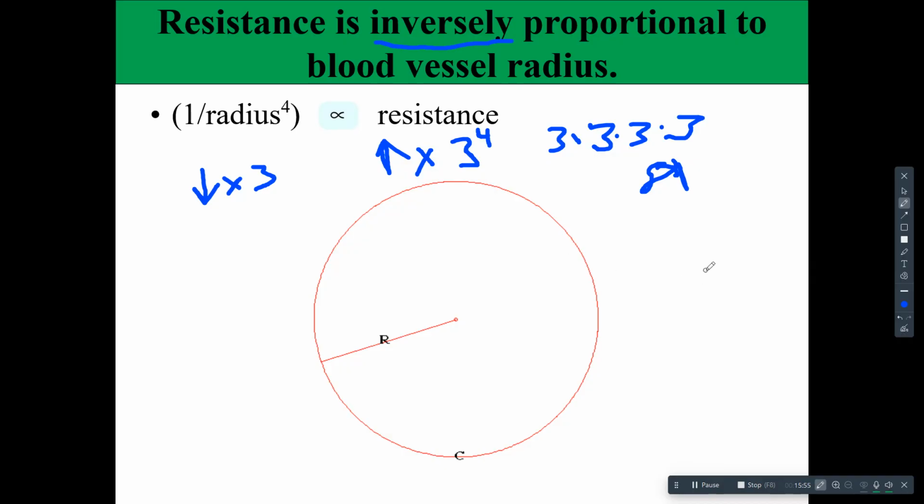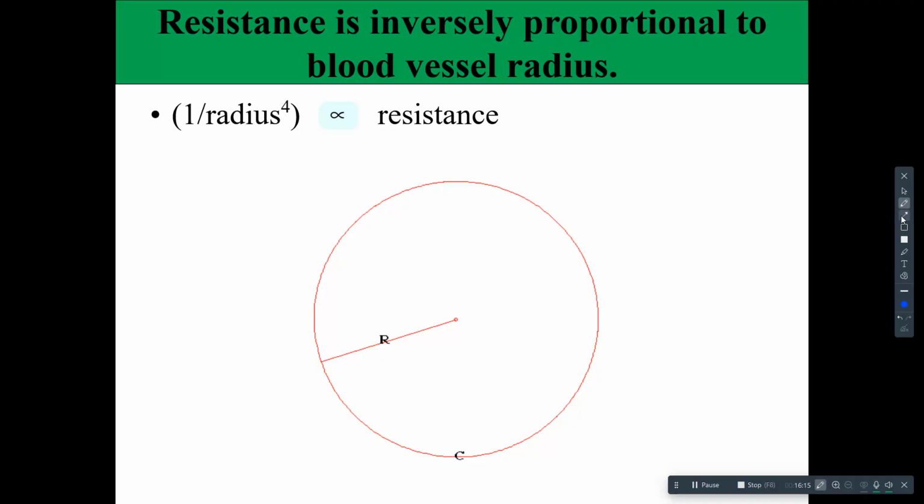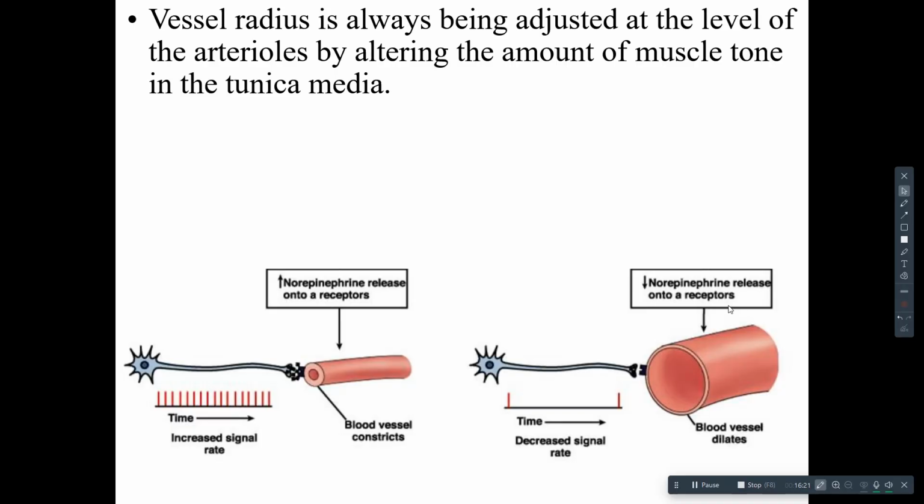One of these days I'm going to make a video with zero mistakes. We'll see. A threefold change in radius begets an 81-fold change in resistance. So a small change in radius can have a big change in resistance. Plus, radius is quickly changeable.